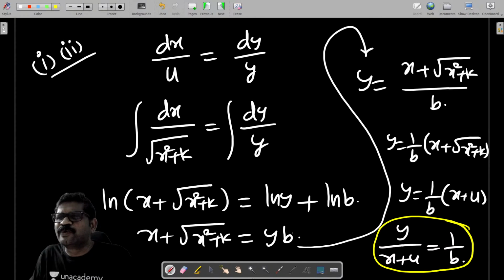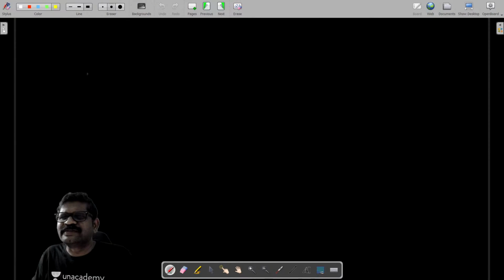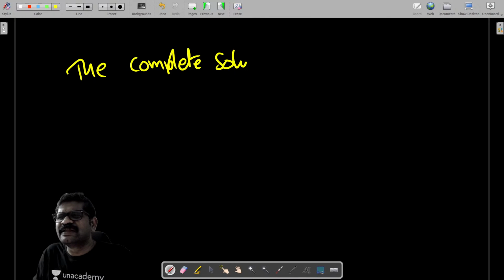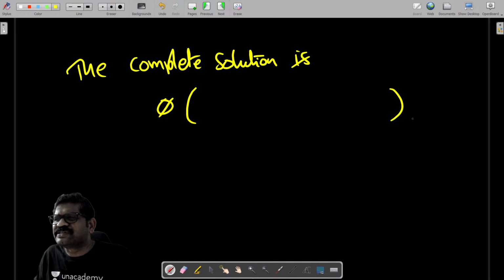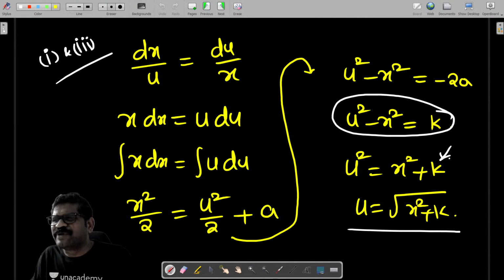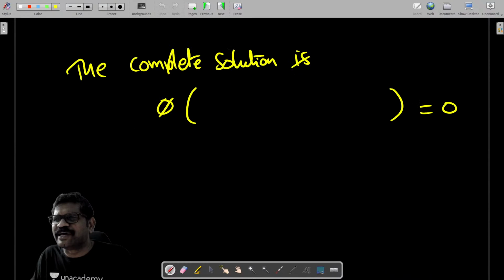Understood? Now, the general solution, the complete solution is phi of first constant comma second constant equal to 0. First constant is, I have written u square minus x square.